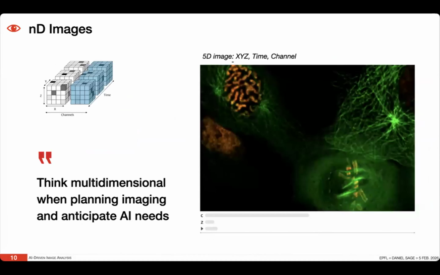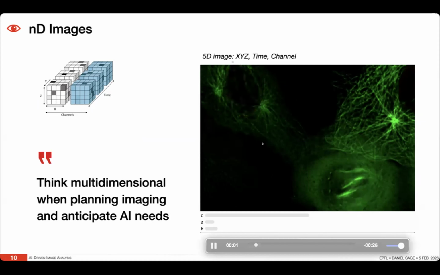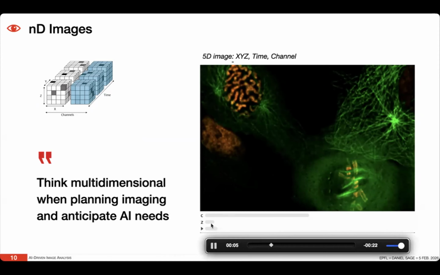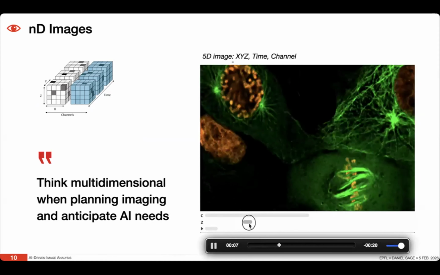We can go further. So now we have seen X, Y, the 2D images, adding the Z dimension, adding the time dimension. But at the end, we can very often speak about 5D images, with X, Y, Z, time, and channels, so spectral information. I have here a movie also in biology. Here you see that there are two channels that were acquired at the same time.